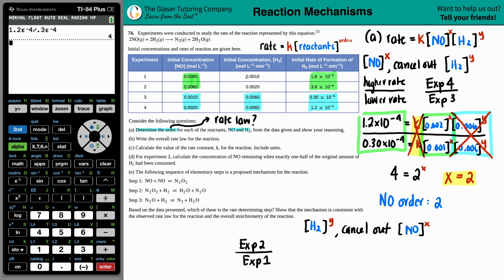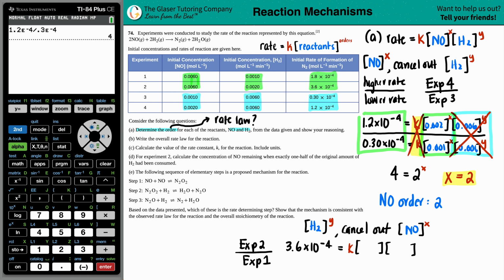Experiment 2, and this is coming along for the ride. Let's plug everything in. Experiment 2, 3.6 times 10 to the negative 4th. Keep in mind that I'm still just abiding by my rate law, right? This equals K times the concentration of the 2 values.